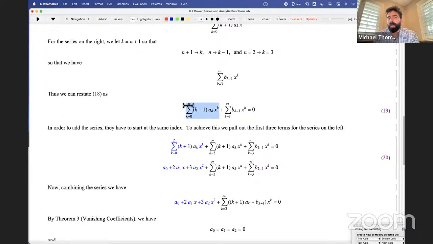So what we can do is take this series right here that starts at k equals 0, and we can break it up like so. Does it make sense why this is equal to this? Is that okay? Notice we're starting at 0, going to 2, and this one picks up at k equal 3.